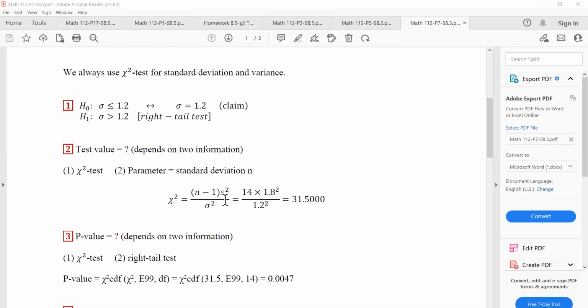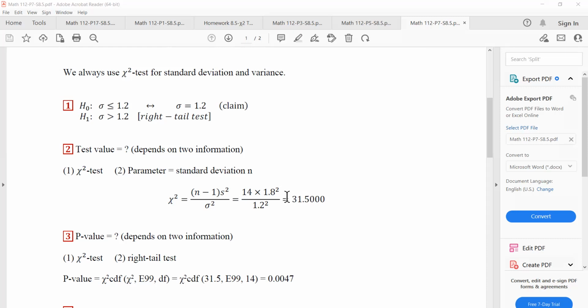And my variance is 1.2 squared there. Okay. Take a moment, do this in your calculator, make sure you're getting 31.5 for that. Yep.